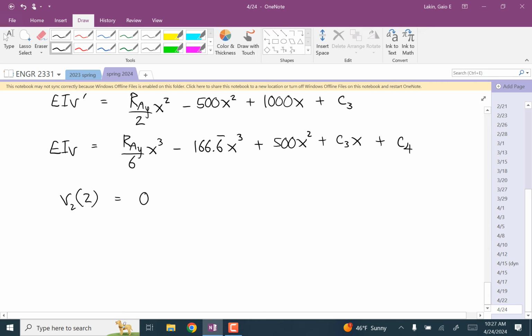So we have 4/3 RAY minus 1333.3 repeating plus 2,000 plus 2C3 plus C4 is equal to 0.